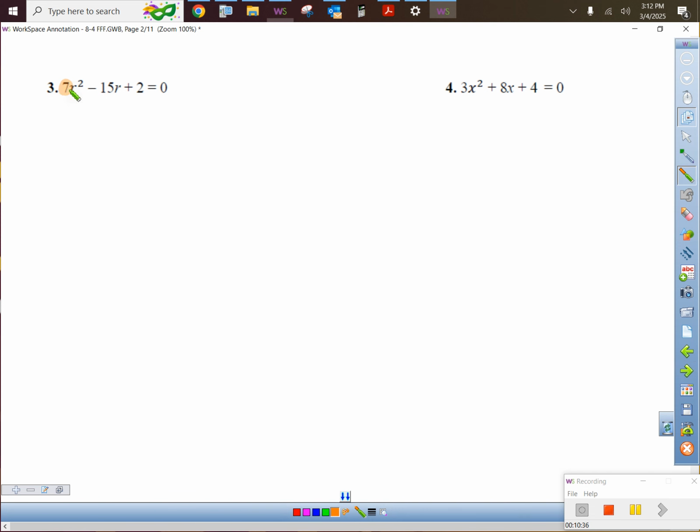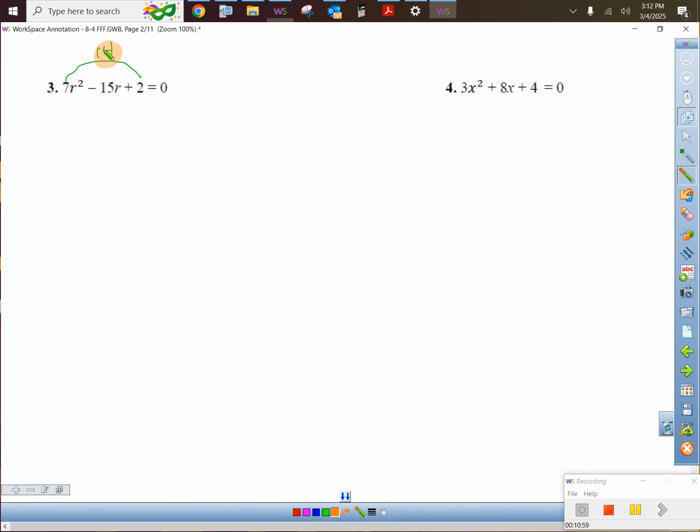This is not easily factorable because that number in front of R squared is not a 1. This bad boy is totally equal to 0, so he is ready to run. So our job is to frowny face factor it. So make the frowny face, and I got a 14 there. You are multiplying the 7 times the 2. And here's our job.